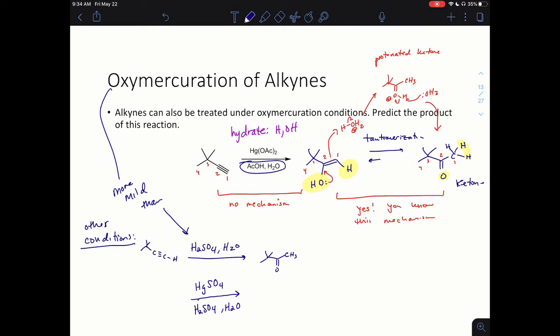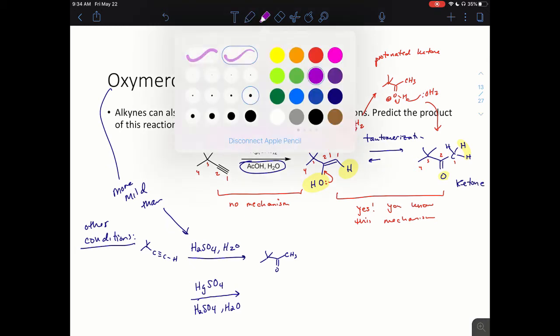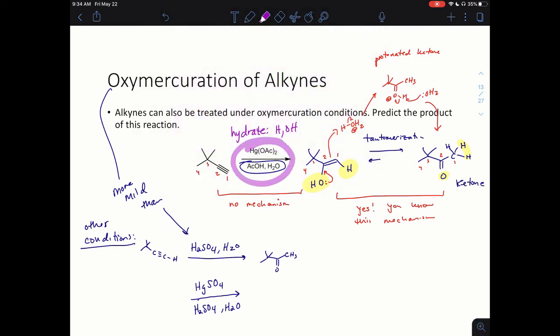Those three possibilities are oxymercuration with mercury acetate, acetic acid, and water. Just chucking in some sulfuric acid and water, which is, like I said, a risk you want to take. Or oxymercuration with mercury sulfate, mercury 2 sulfate, some sulfuric acid, and some water. So all three sets of conditions work perfectly fine. I'm sorry that there's three, but there are.